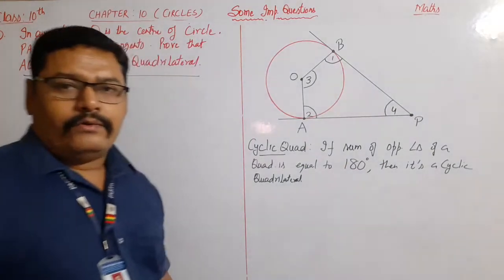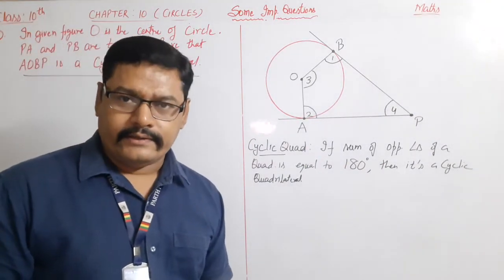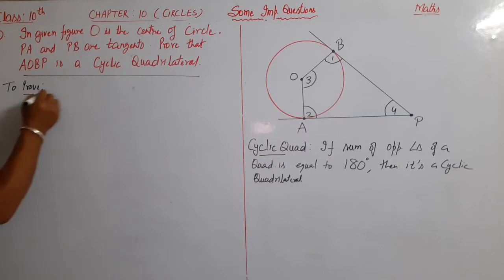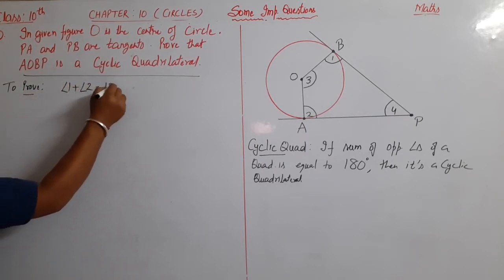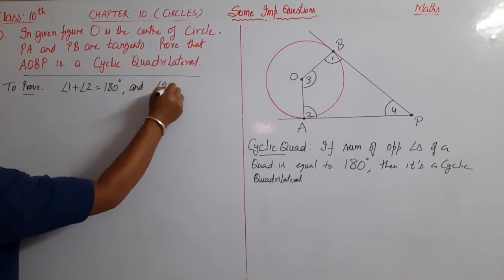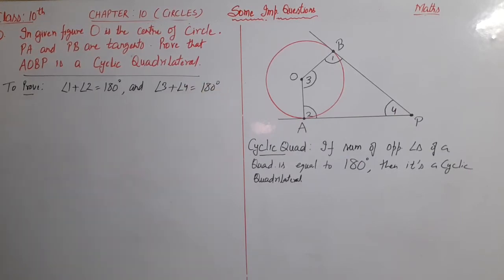Also we have to prove that angle 3 plus angle 4 is equal to 180-degree. So here to prove is angle 1 plus angle 2 is equal to 180-degree, and angle 3 plus angle 4 is equal to 180-degree.